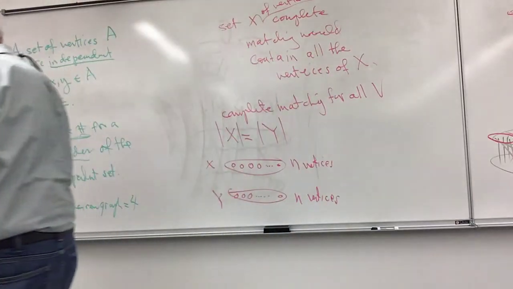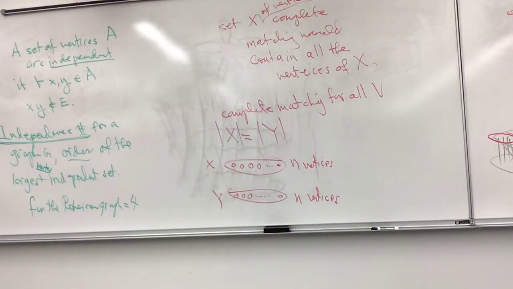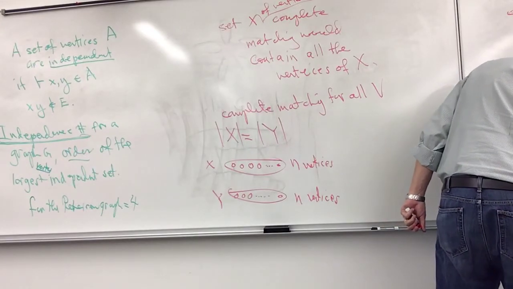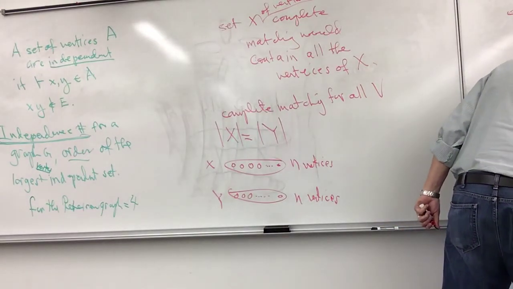In a bipartite graph, if I have any chance of having a matching, then I close my eyes and I pick any subset of vertices in the top. We could have done the bottom, it doesn't matter, but I pick one of the parts. I take any subset, oh, listen, sorry. Let me make this right. Don't write that down yet. The neighborhood of S has got to be greater than or equal to S.